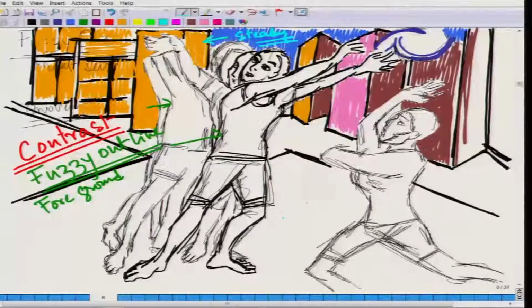There are structures which are stable in the background. They are architectural structures. So, our experience says that they do not move, they are stable. And then we have characters in the foreground who are highly active. So, it is like the stability and instability contrast. The contrast factor is working here to emphasize the movement or the action.